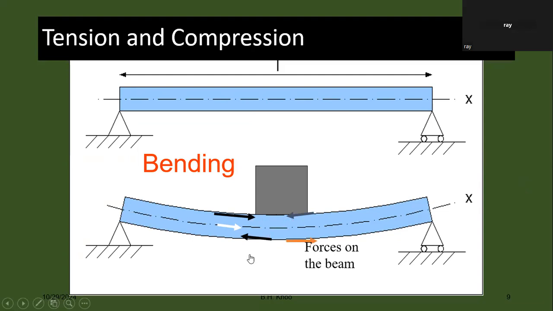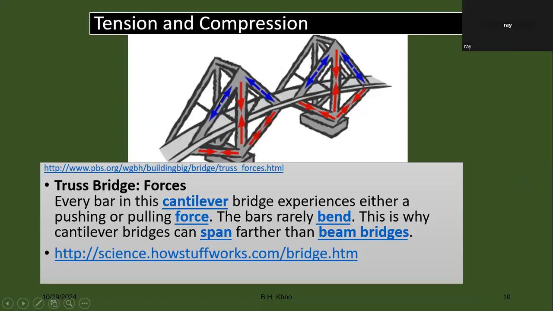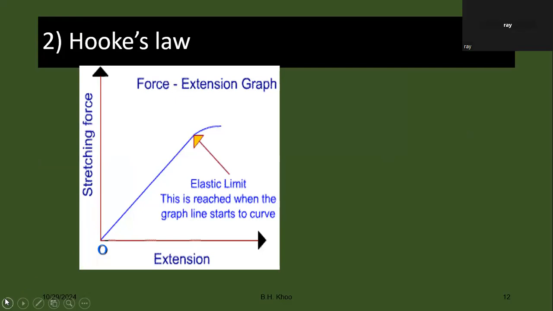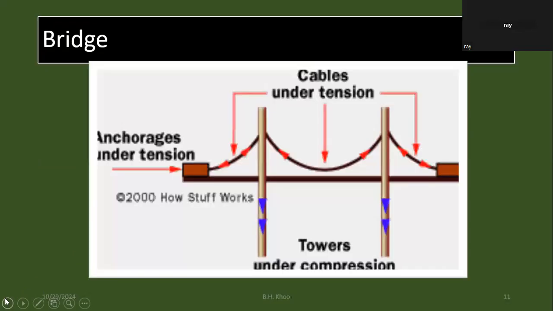Arrow is going in, so this is compression. The same as bridges, where the arrows are coming together, there's compression. This one is stretching, extension. This part is compression. Same with a cable bridge.